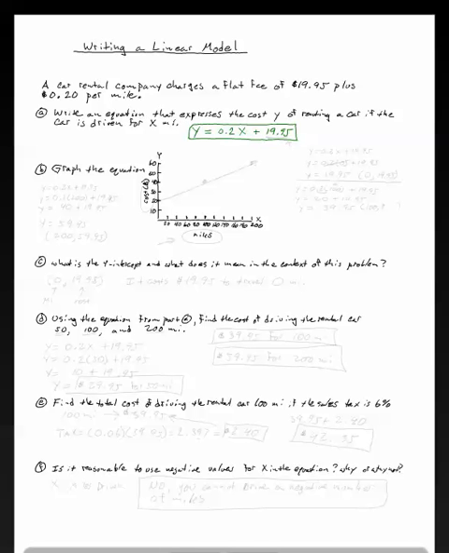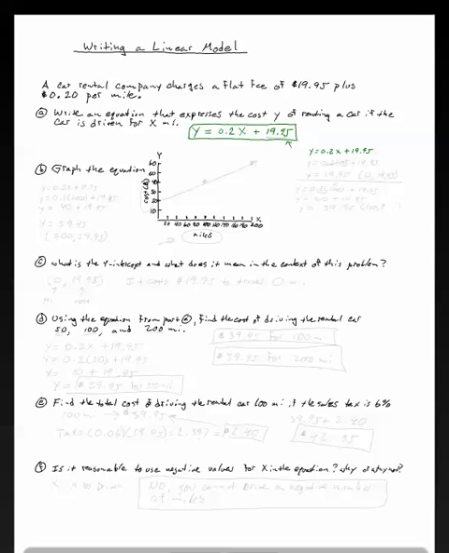Part B says graph the equation. Well, we know that the $19.95, that's the y-intercept. That's what happens when X is 0. So if we took our equation, Y equals 0.2x plus 19.95.